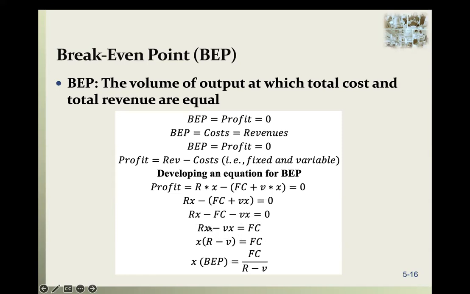And from here, you can take X as a common factor, and that becomes R minus V. R is revenue, V is variable cost. And then you get this formula for the break-even point, which means that the break-even point is equal to fixed cost divided by revenue minus variable cost per unit.